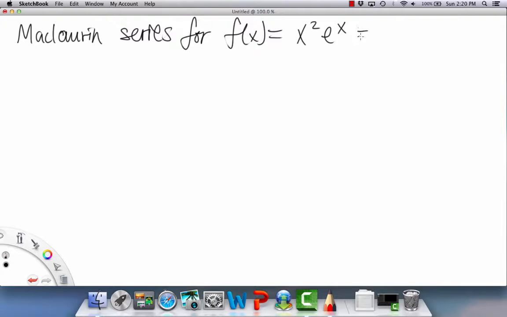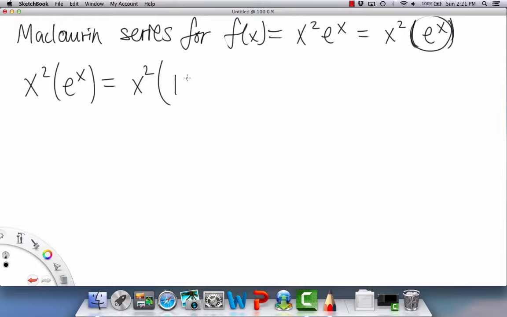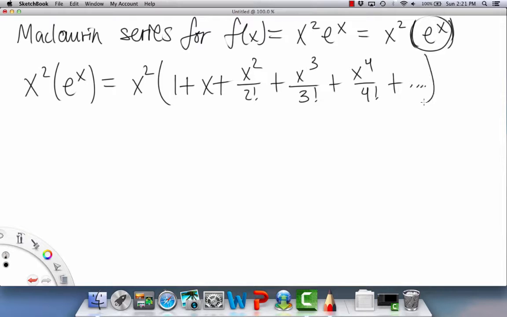In this case, it's kind of already written here, but let's think of it like this. The concept is that we have something in front times e to the x, and we already know that the expansion for e to the x is the following. So we have x squared times e to the x, and we can expand e to the x to be 1 plus x plus x squared over 2 factorial plus x to the third over 3 factorial, and I'll just write up to the fourth, 4 factorial, plus dot dot dot, and it keeps going.